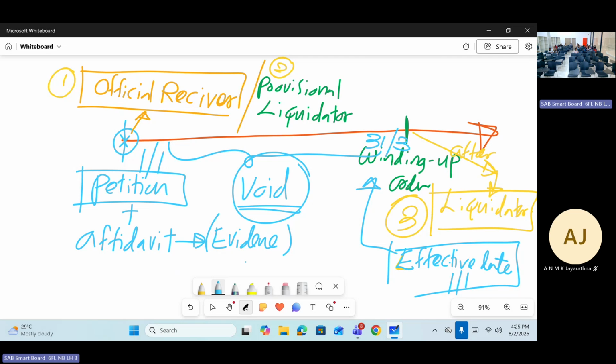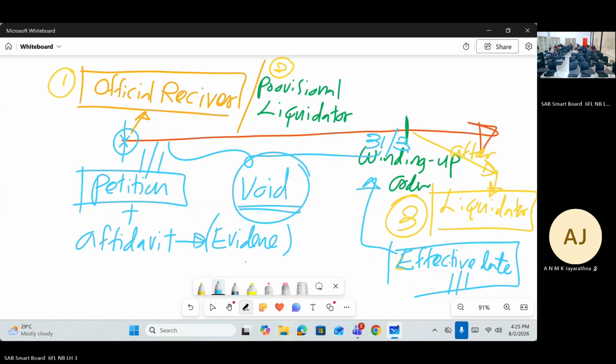Then after the winding up order is given, the court will appoint a liquidator. One or more liquidators can be appointed in order to conduct the winding up proceedings. So that is the way. Is it clear?